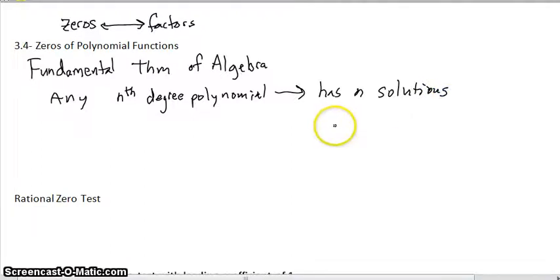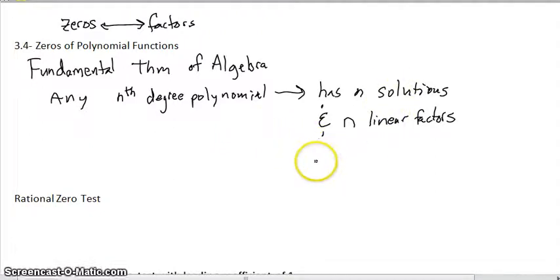and a response from this theorem. This isn't from the theorem, but something you can say from this is the fact that it has n linear factors. Okay? So if you look at a second degree equation, it doesn't matter what it looks like.